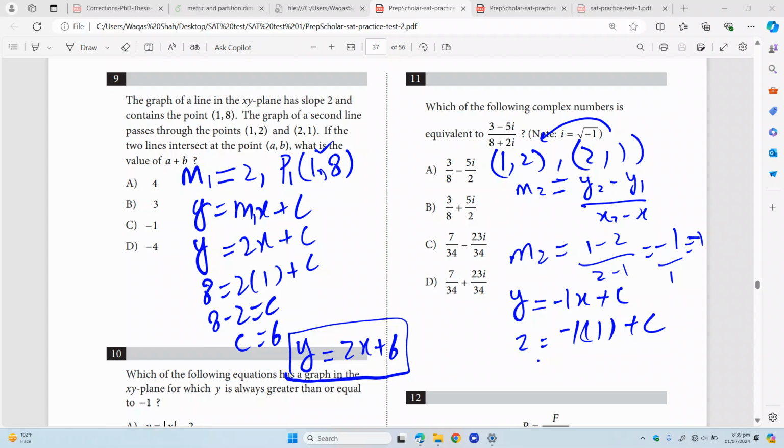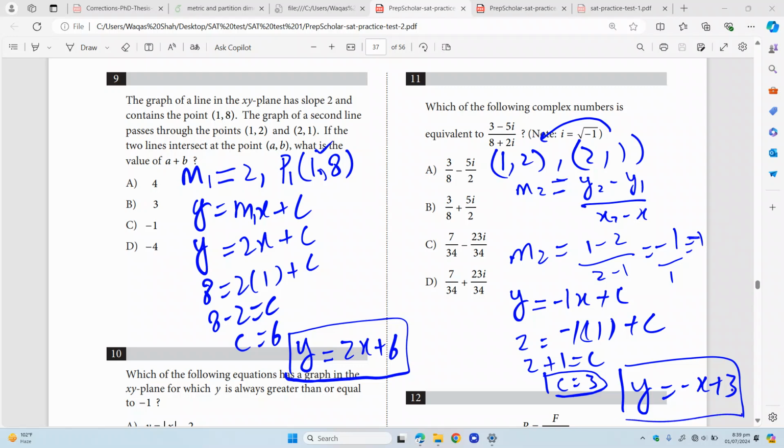Okay, so it will be 2, and this minus 1 will become plus over here, so c is equal to 3. Now plug this value of c in the equation, so our equation will be y is equal to minus x plus 3. So these are the two equations.